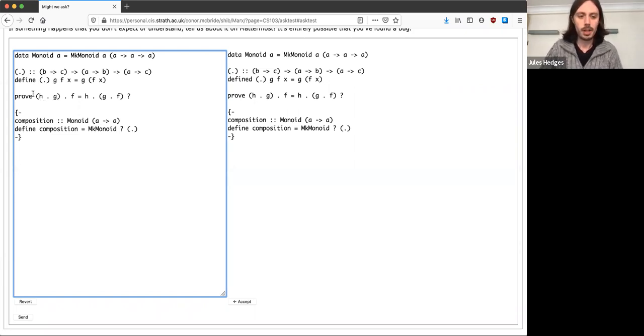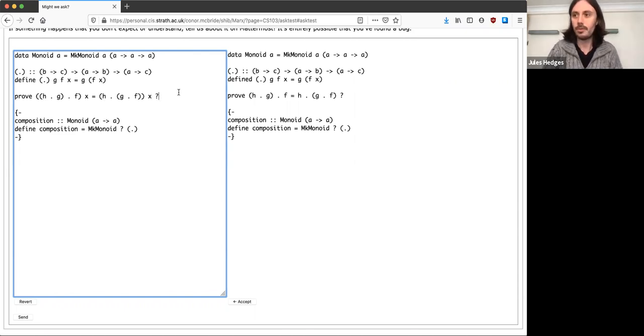So back to our proof of the rebracketing equation. It turns out that it's not actually currently possible to prove this in Ask, but we can do the next best thing. We can prove that if we call these two functions on the same input, then the outputs will be equal.